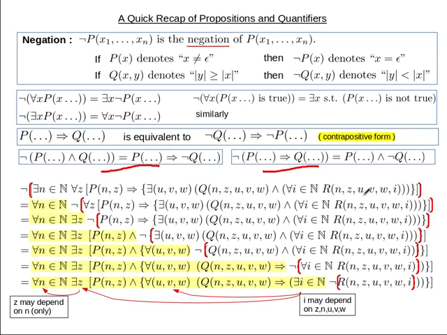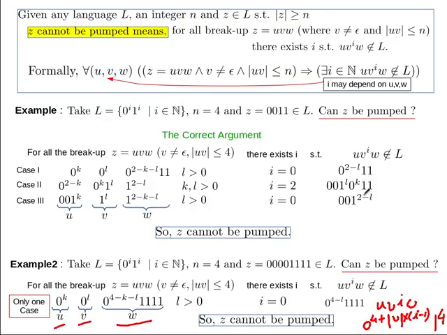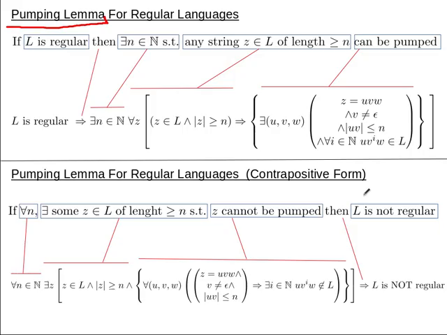If you just compare it, what are these P, Q, R? This is the P part.